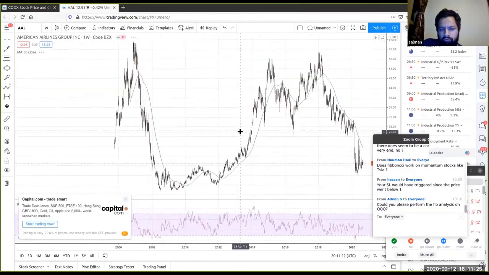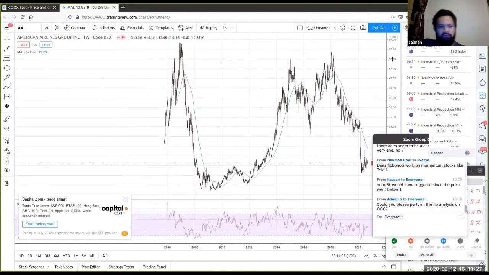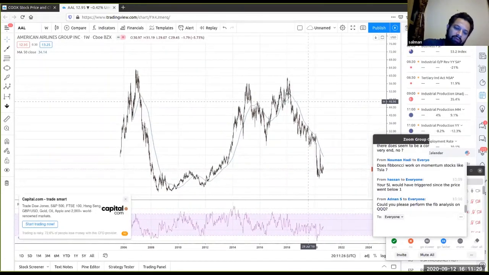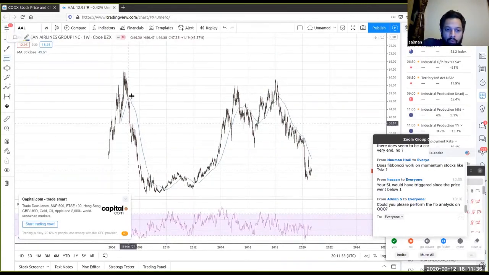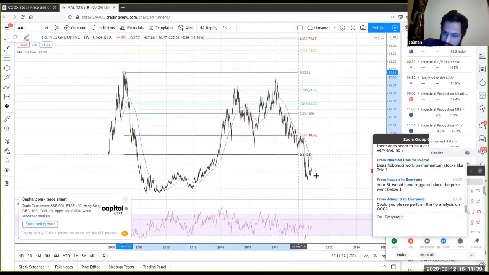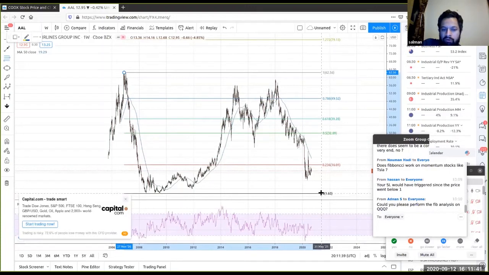Yes, so this one. Here, this is American Airlines. I wanted to show you two patterns here because there are a few interesting things. One is there are both possibilities, bullish and bearish, on a single one. That's why I selected this one to show you, because you see, this is the bearish possibility.